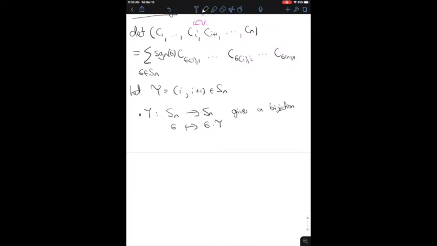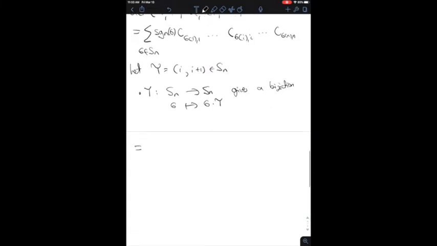As a consequence, this sum is the same as the sum where I take each term for each of the permutations pre-multiplied by tau, since it gives you a bijection.